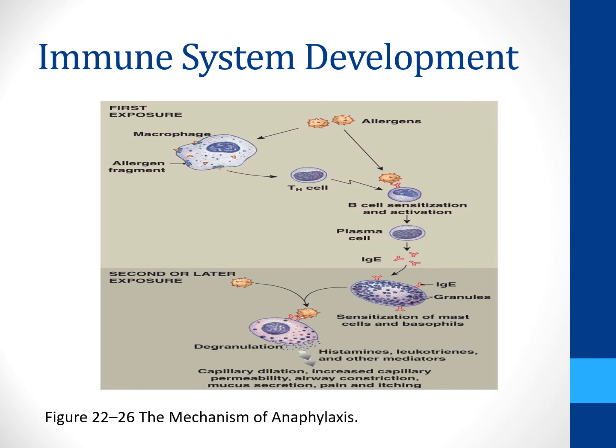So here's the mechanism of anaphylaxis. So this top portion here is the first exposure. So you have the allergen that comes into the body. It's taken up by the macrophage that triggers the T helper cell, which sensitizes the B cells to create plasma cells, and the plasma cells are going to create these IgE antibodies.